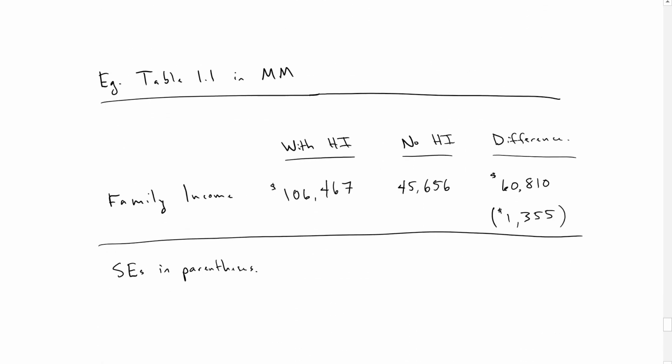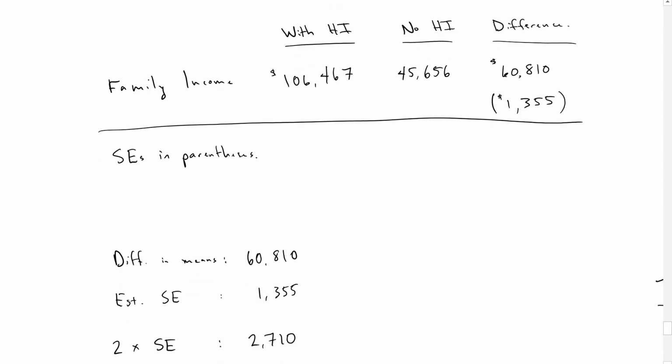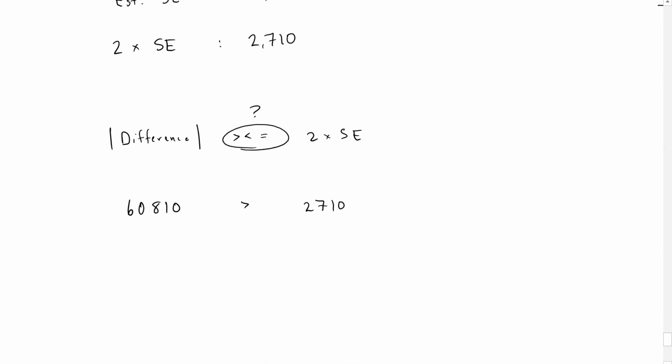So we can say with somewhere between 95 and 99% certainty that the people with health insurance do actually have higher incomes, with a statistically significant difference. They do have higher incomes than the people without health insurance.